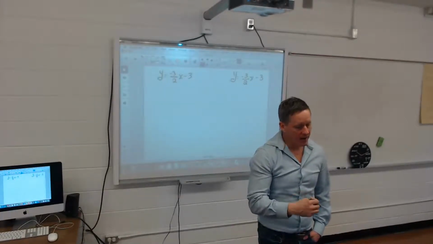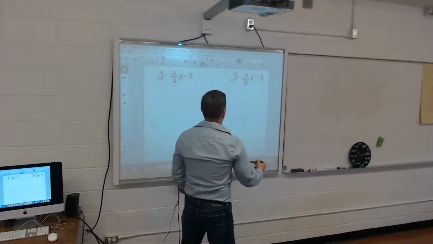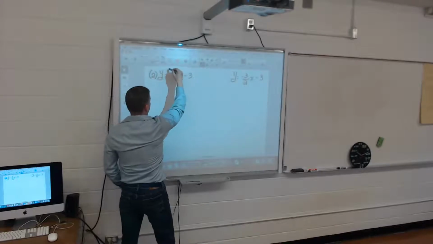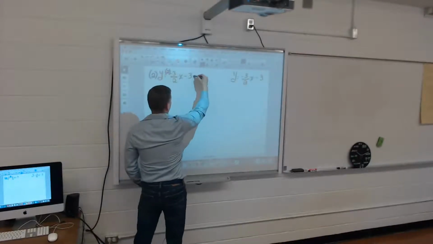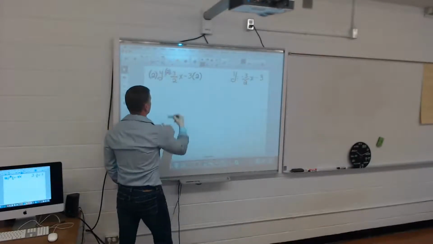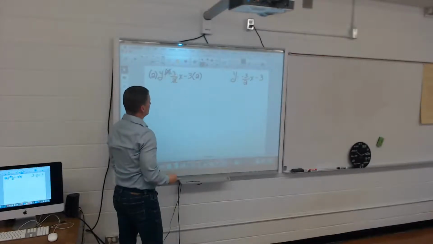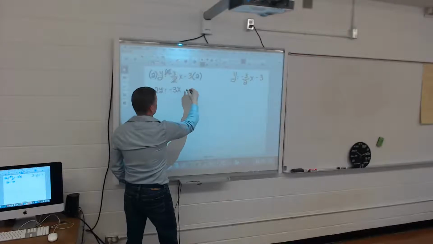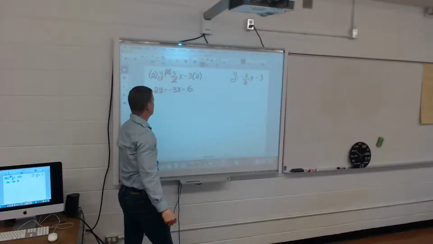But what I do to one, I have to do to all. So I'm going to times this by 2, times this by 2, and times this by 2. That 2 divided by 2 cancels. So I'm left with 2y equals negative 3x subtract 6.